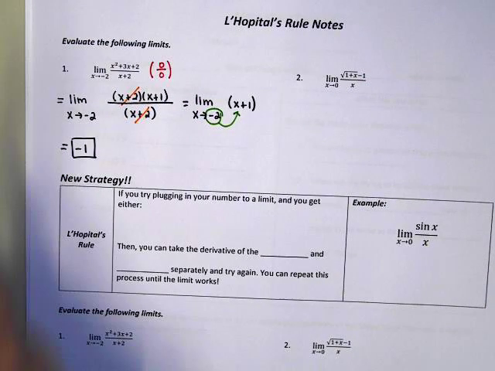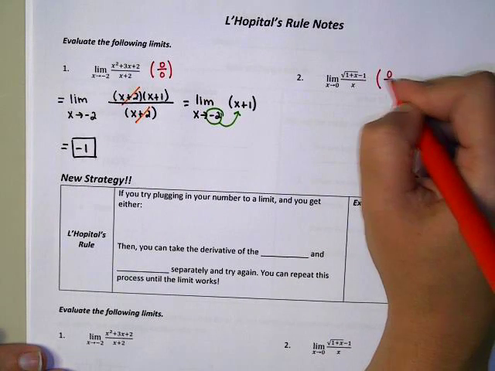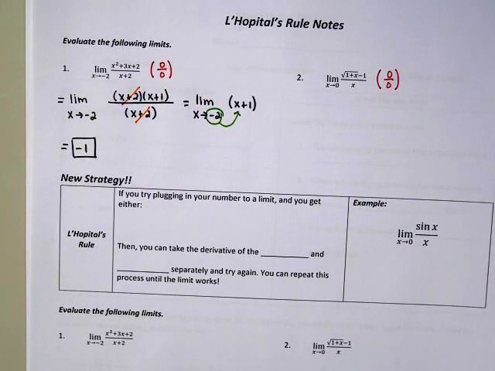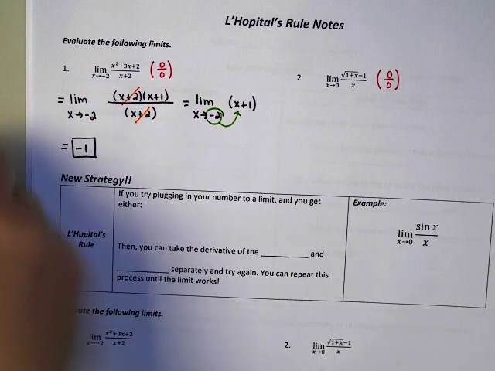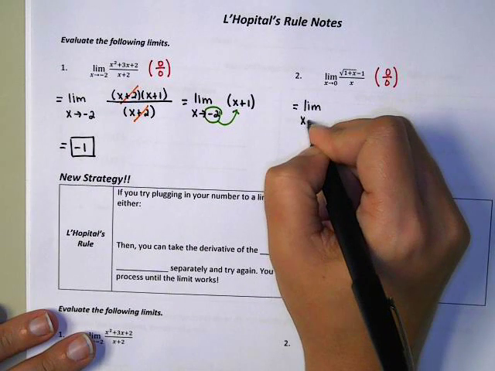For problem number 2, if we try substituting our number, then in the original problem we get 0 over 0. And since you can't divide by 0, we would say that we needed to do some algebra to figure this out. So in this problem, I would probably try multiplying by a conjugate.